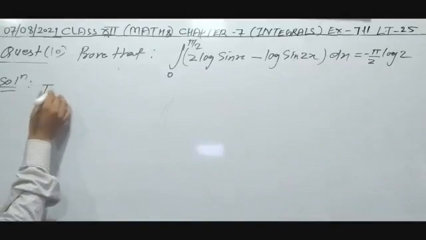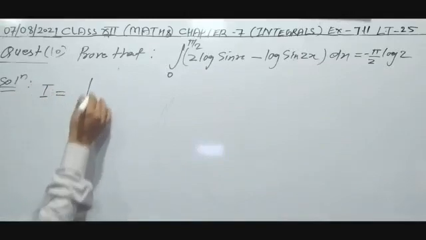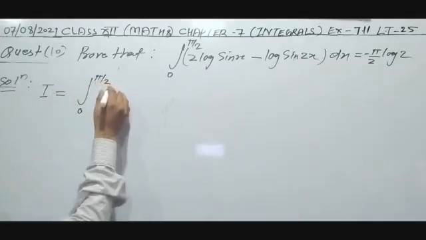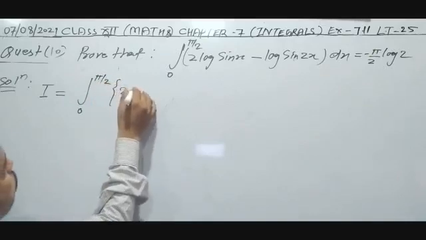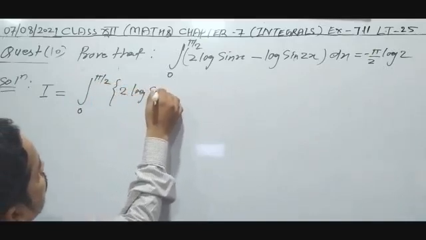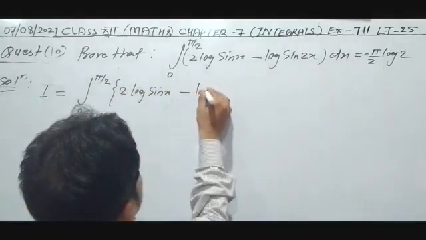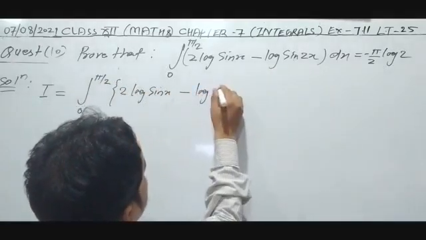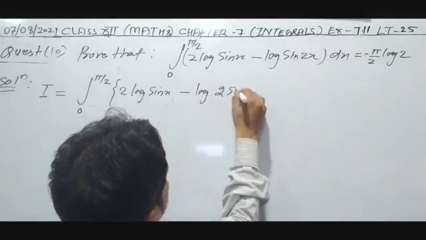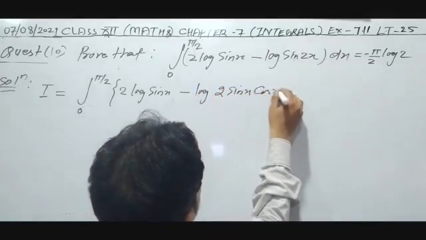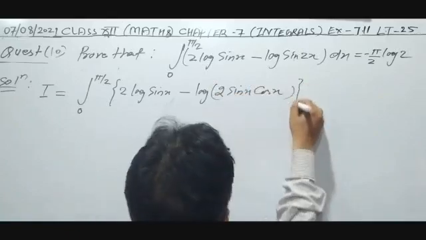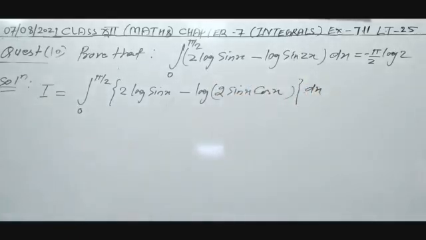So first of all you will consider let I is equal to integration over 0 to pi by 2, in curly brackets, 2 times log of sin x minus log of sin 2x, where sin 2x can be written as 2 times sin x into cos x, curly bracket closed, dx.